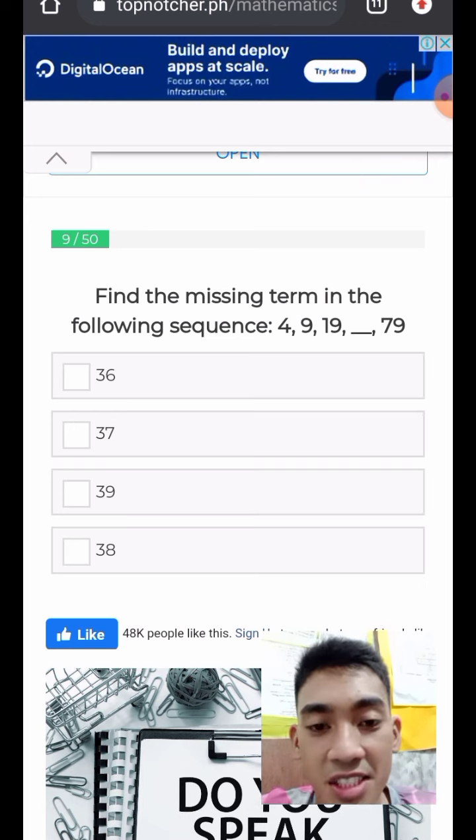4 and 9, the difference is 5. 9 and 19, the difference is 10.